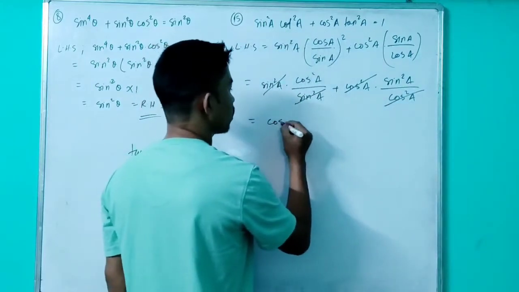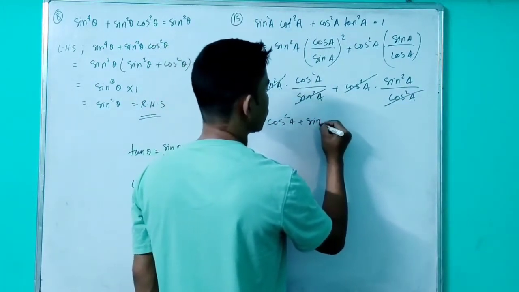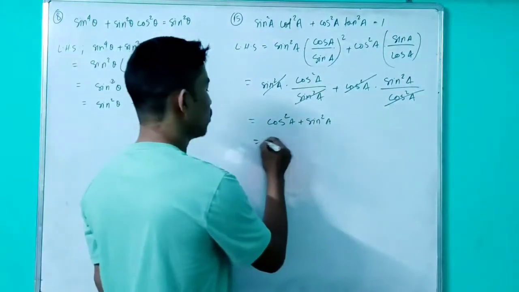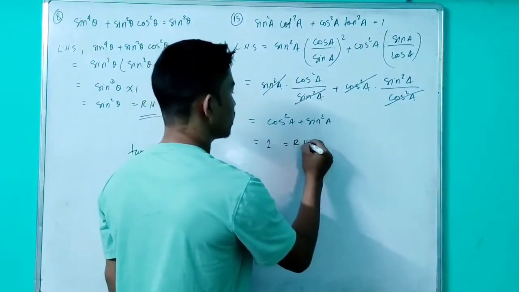So it equals cos square A plus sin square A, and again cos square A plus sin square A is equal to 1, which is equal to the right hand side.